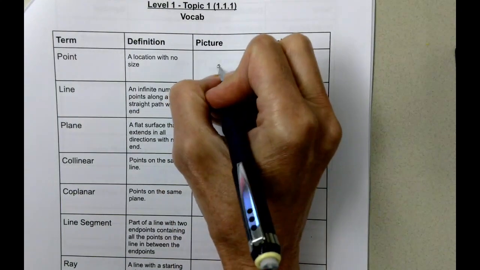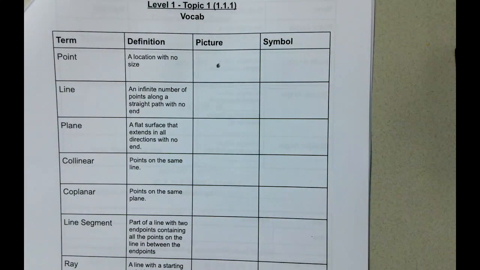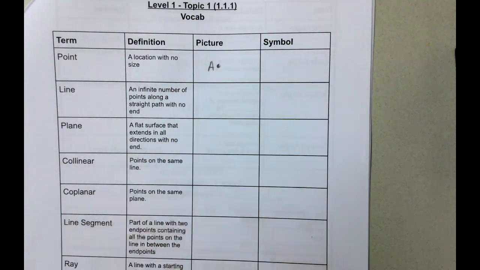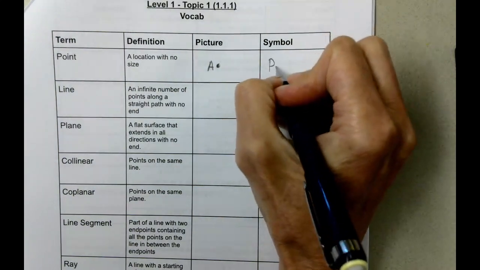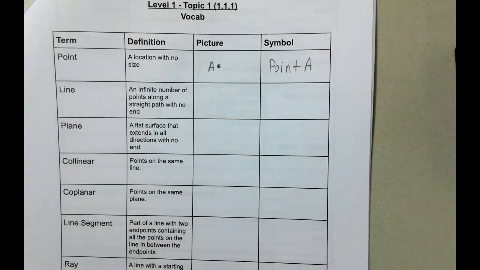What it'll be is something like that, what we think of as a point, with a capital letter beside it. And what we say when we look at the symbol, and I don't know if symbol is exactly the right word for this, but we can call this point A.